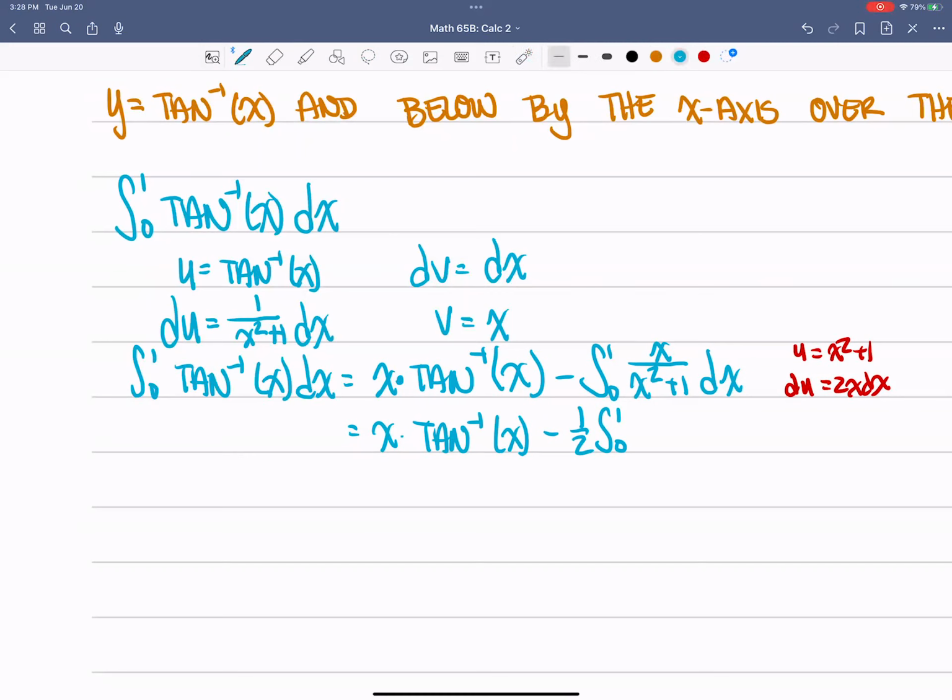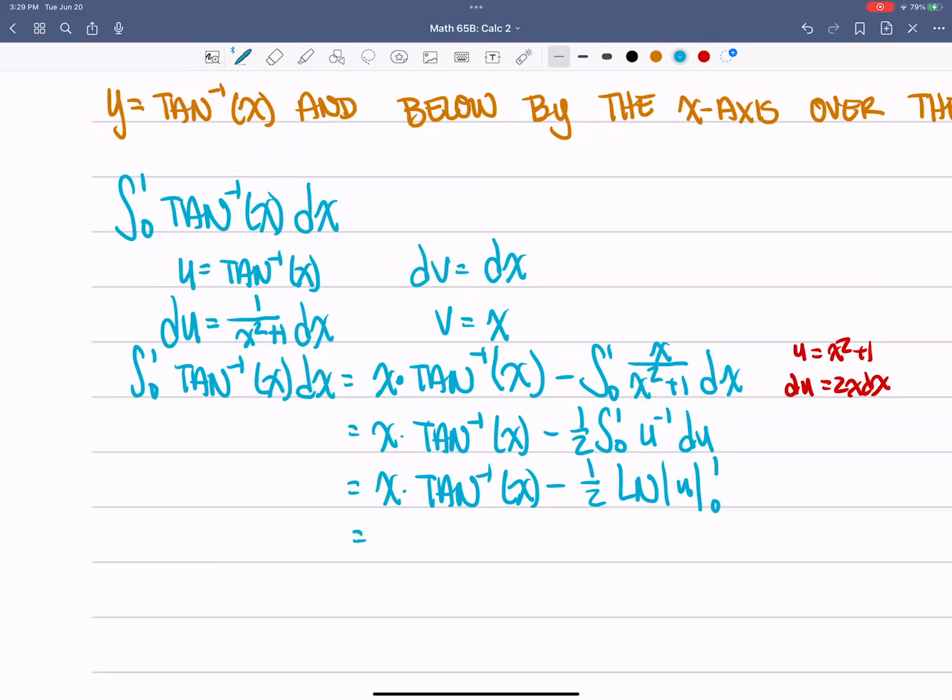We just have to make sure that we switch it back at the end, because these are being integrated over 0 to 1, not the u integration here. So we would have u to the negative 1 du, x times tangent inverse of x minus 1 over 2 ln of u evaluated from 0 to 1.